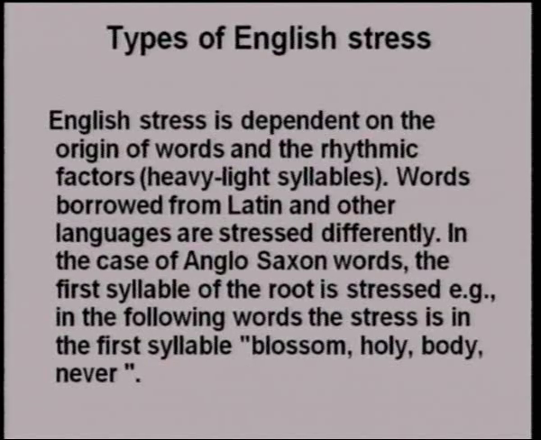Okay? So the number of the stresses in the sentence comprises what is called the rhythm of the sentence. As I mentioned, we have two main types of stress: the primary stress and the secondary stress.